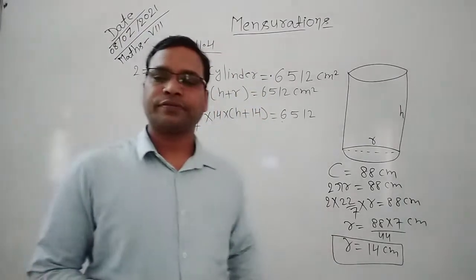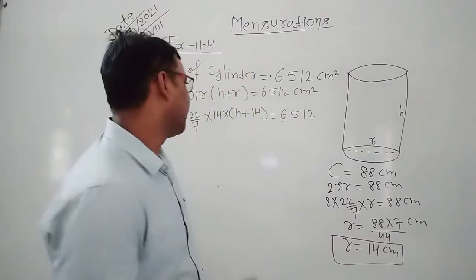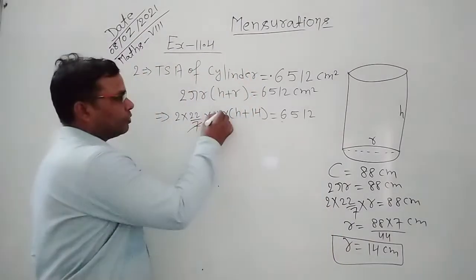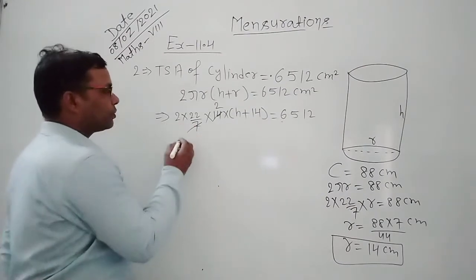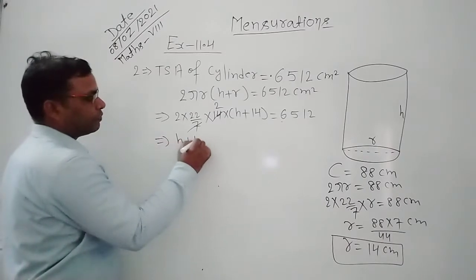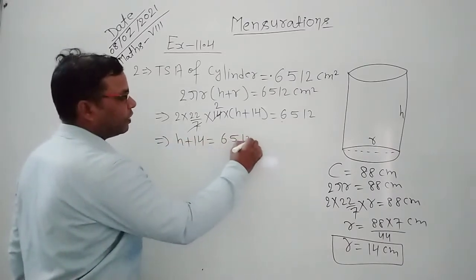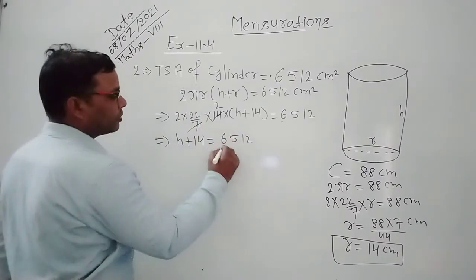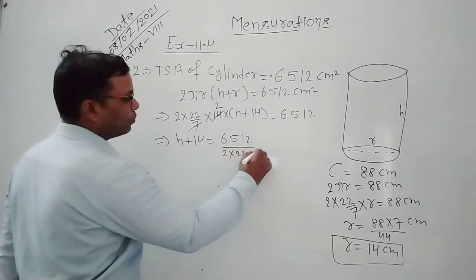Now students, here we can cancel 7 by 7. We can cancel 14 two times. And this is equal to what? We can write here h plus 14 is equal to 6,512 divided by 2 into 22 into 2.